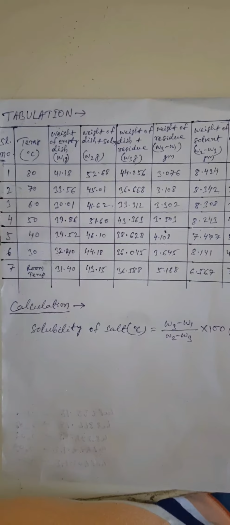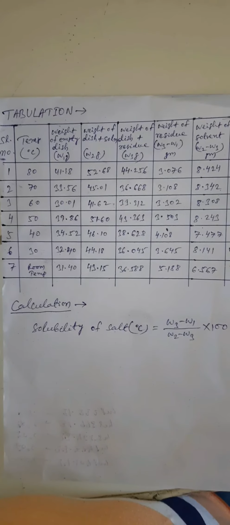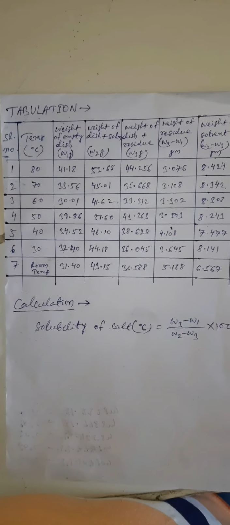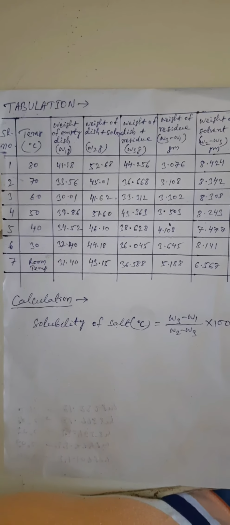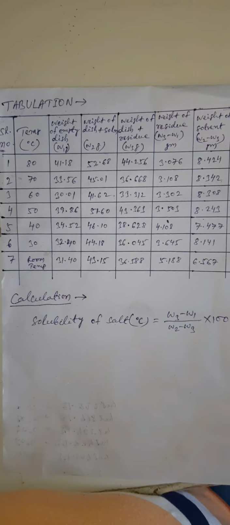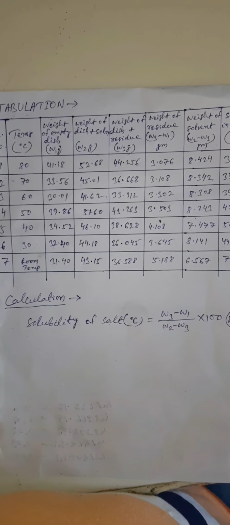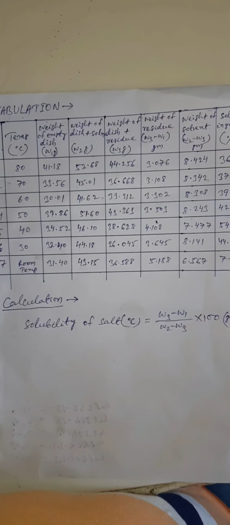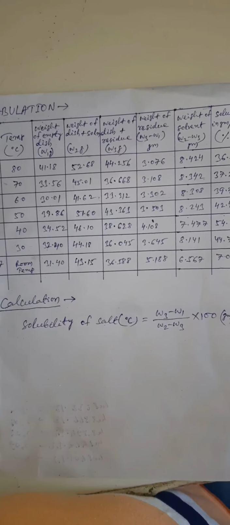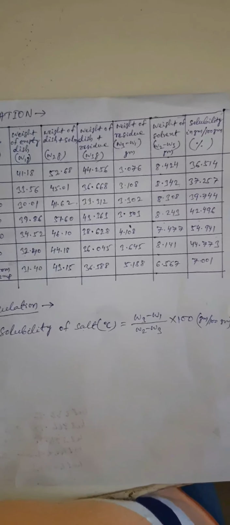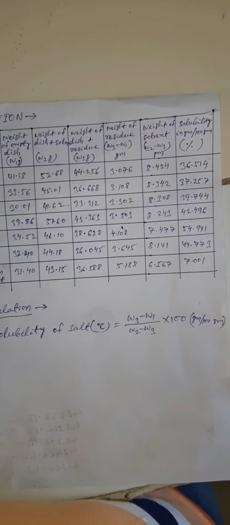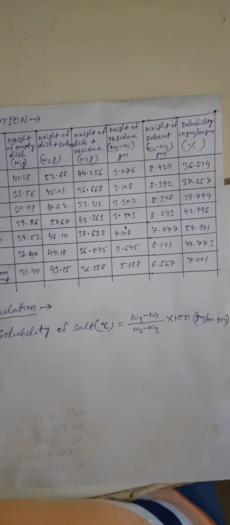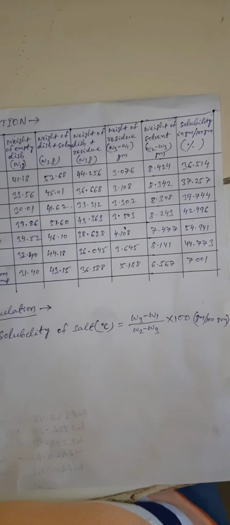We have to refer to this calculation part from a practical book, and according to the table the temperature will be written first, then weight of the empty dish, then weight of the dish plus solution, then weight of the dish plus residue, then weight of the residue, then weight of the solvent, and last the solubility or percentage of solubility.